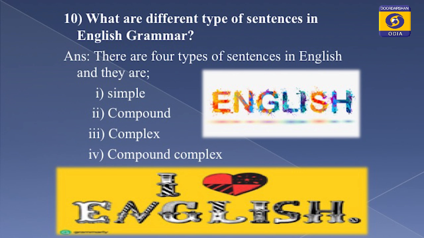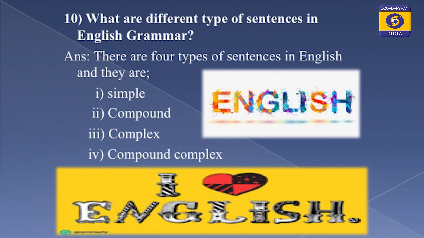Then you see what are the different types of sentences in English grammar. While we talk or write, we use different types of sentences. There are four types of sentences in English. What are they? Not only in English, even in your language Odia, there are four types of sentences.